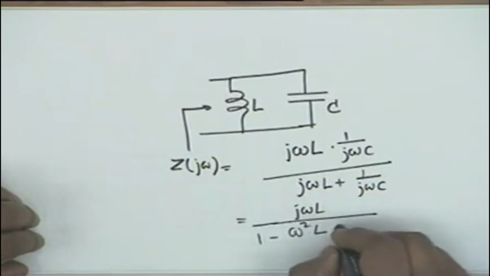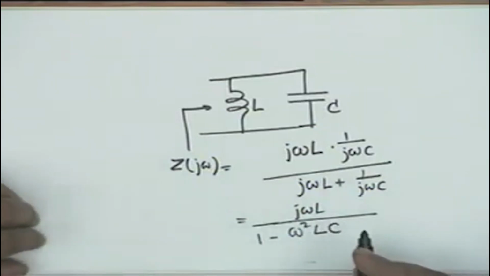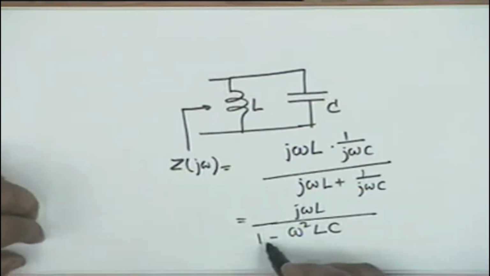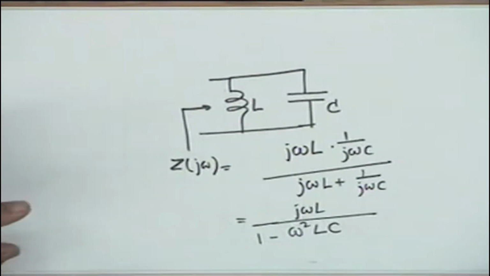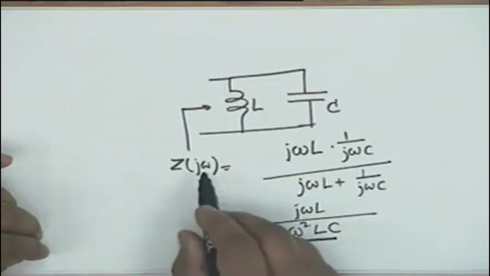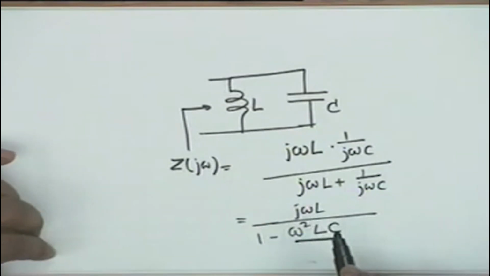Is that okay? And you see that depending on omega, when omega squared LC is less than 1, the impedance is inductive, that is, the reactance is positive. Then Z j omega is equal to j times a positive quantity, so it behaves like an inductance.